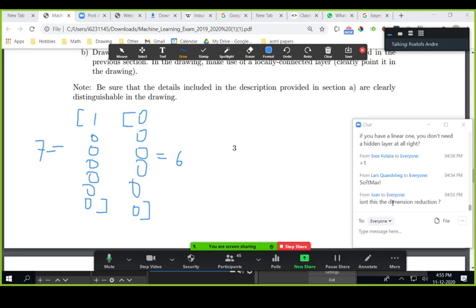It's kind of dimension reduction, because you make it simpler for the network. By allowing it 7 outputs, you tell it that you leave the possibility of having all zeros.